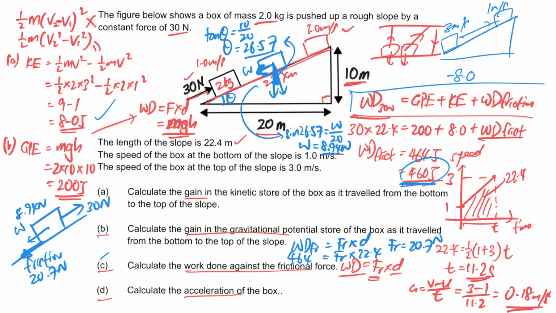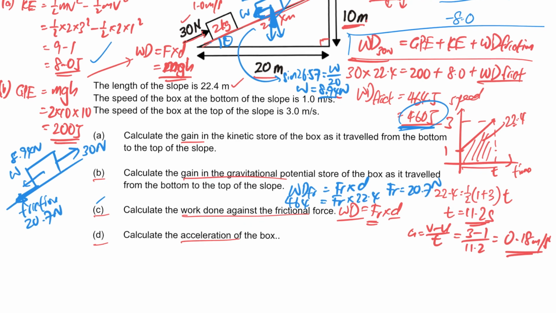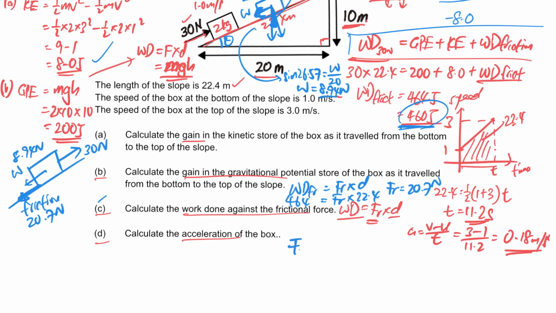So once we have all three forces, I'm going to write it over here, a bit of no space. Your F net is equal to your ma. How do you find the net force? There are three forces acting on the box here: the 30 newtons, the weight component, and the friction.